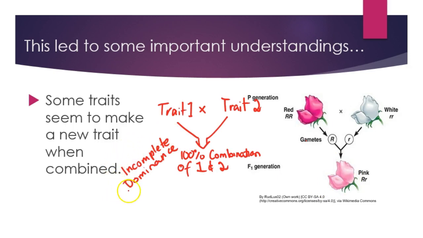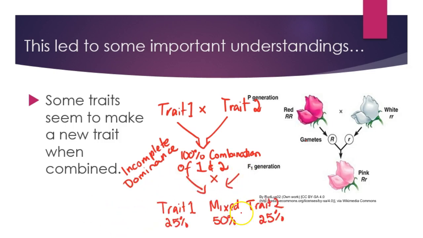Now, they might have thought that they came up with a new trait, but when you breed the F1 generation again to make a new F2 generation, you end up getting those traits back. You end up getting 25% of trait 1, 25% purely trait 2, and 50% is a mixed or incomplete dominance showing through.